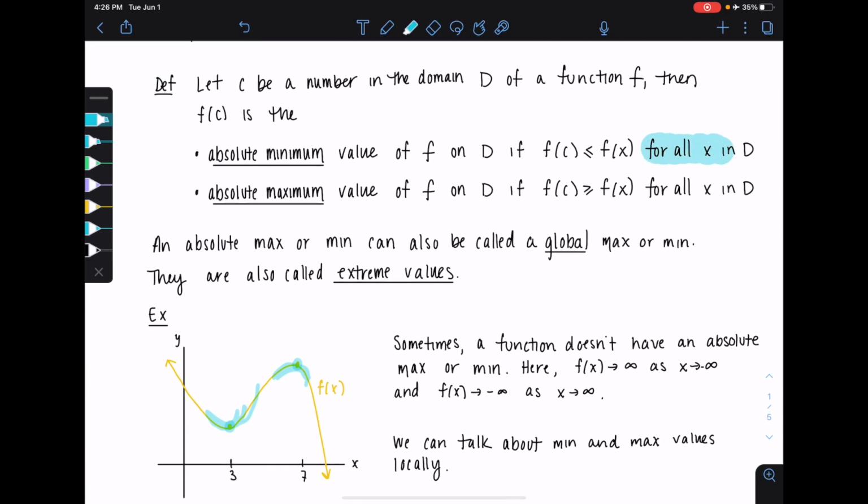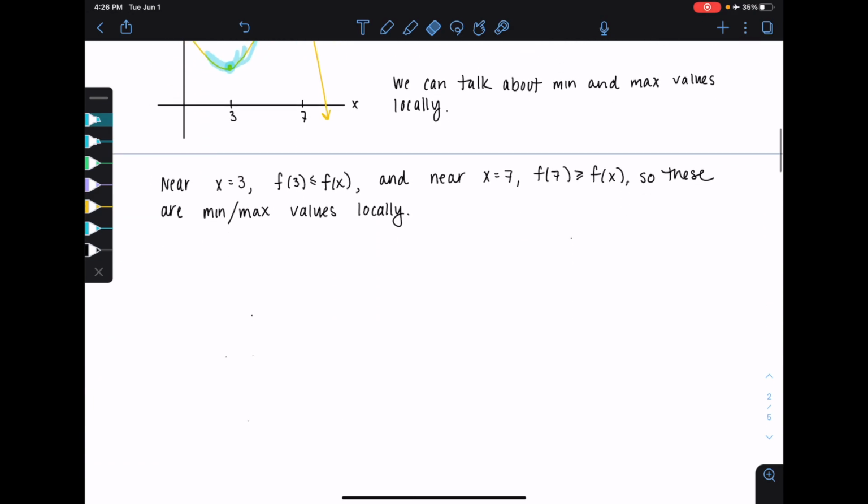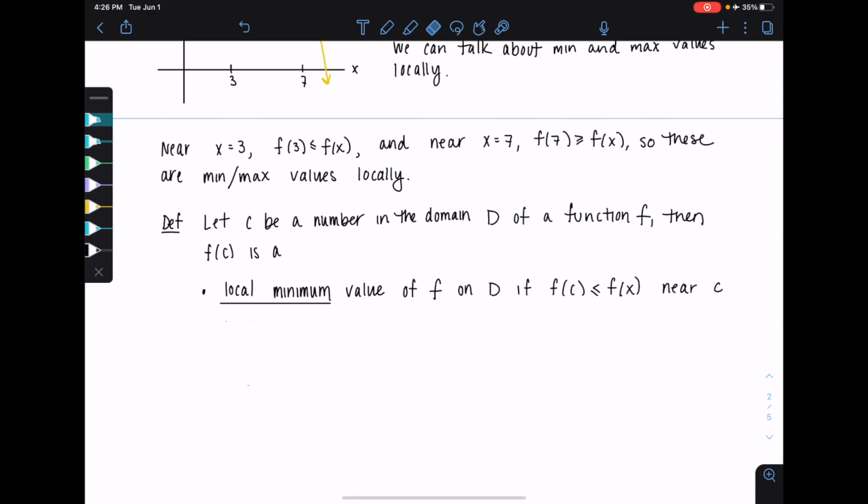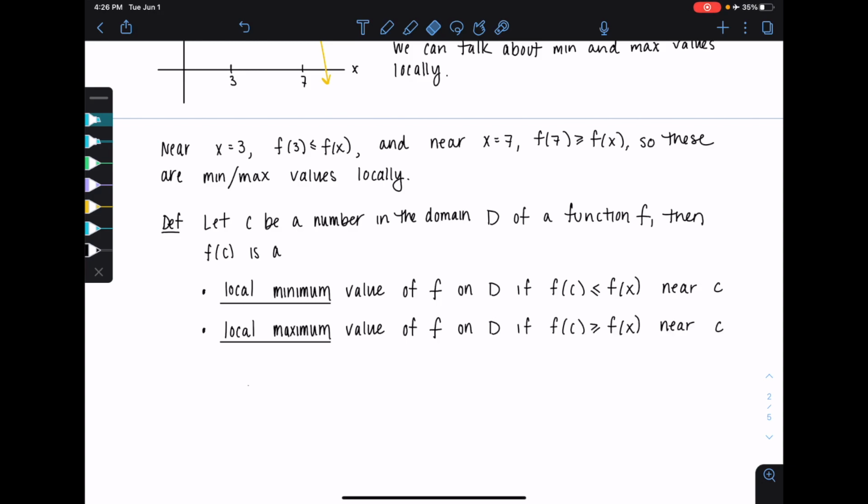It just, instead of it happening for all x in your domain, it just happens nearby that particular value. So we say c is a number in the domain D of a function f. Then the y value at c is a local minimum value if that is the smallest y value near c. It's a local maximum of the function if that is the biggest y value near c.